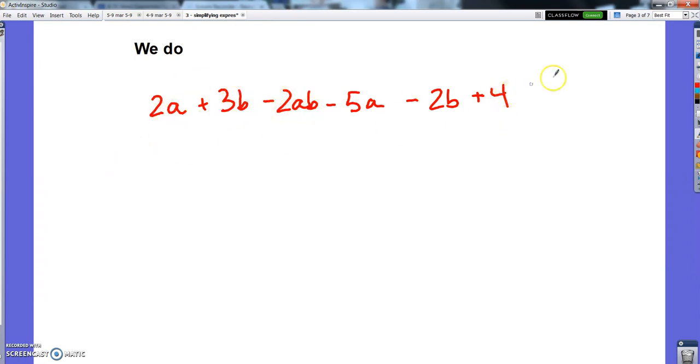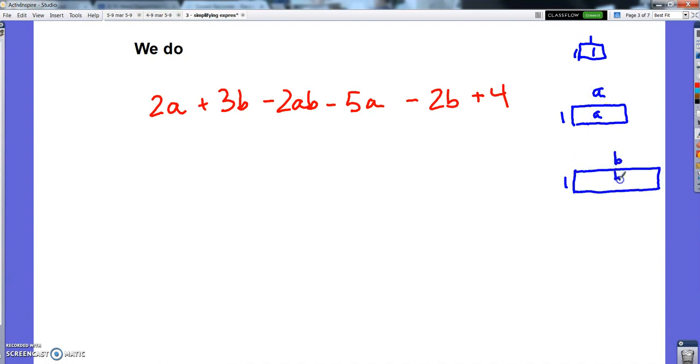So now you've got to imagine I've got number blocks. I've got my 1 by 1. I've got a blocks, so something that's 1 by some unknown length a. 1 by a is a. B's, so it's 1 tall and it's an unknown length, but it's not the same as a. 1 times b is b.